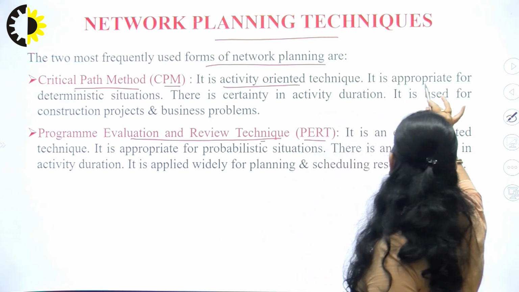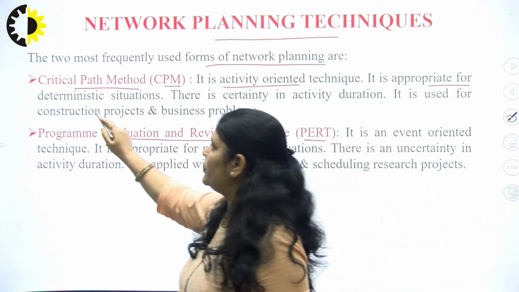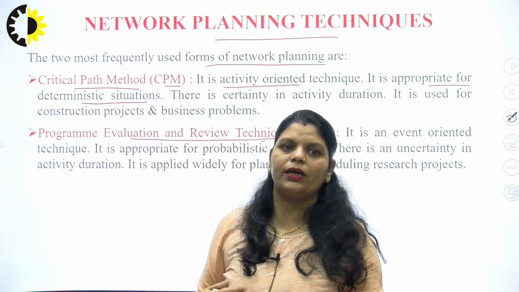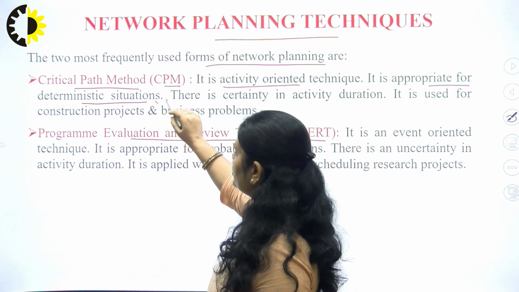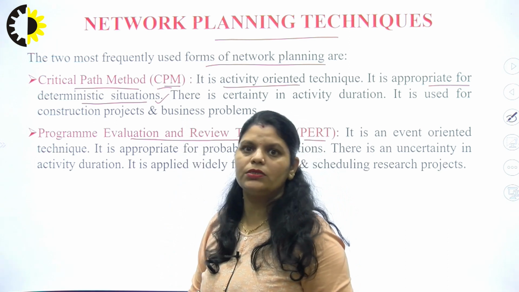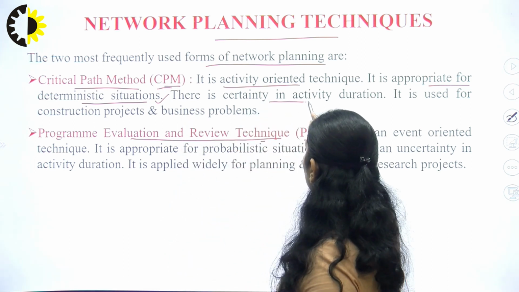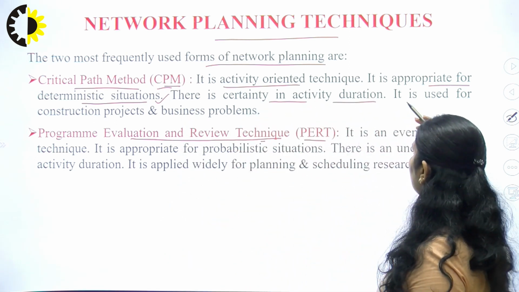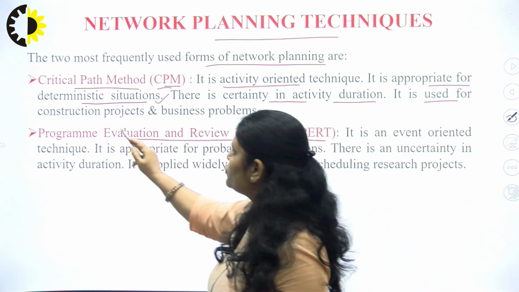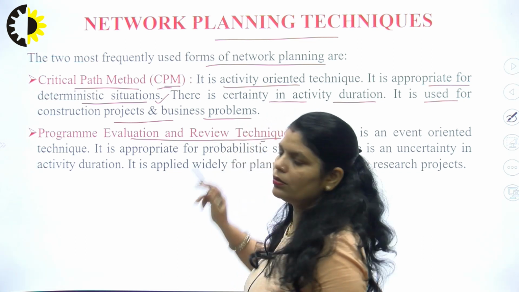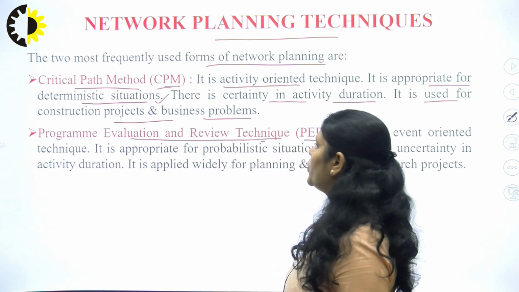Okay, and it is appropriate for deterministic situations where we can determine the different values. So in those cases we will use CPM. There is certainty in the activity duration, and it is used for construction projects and business problems.